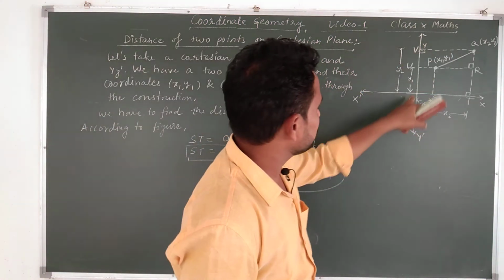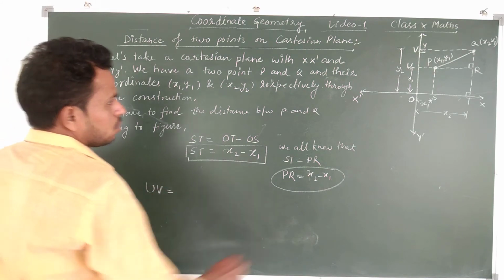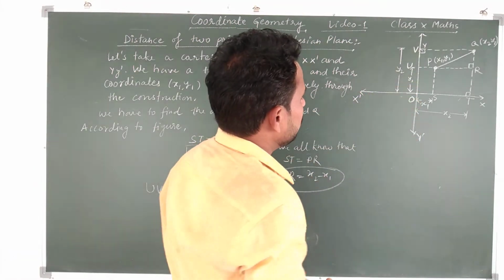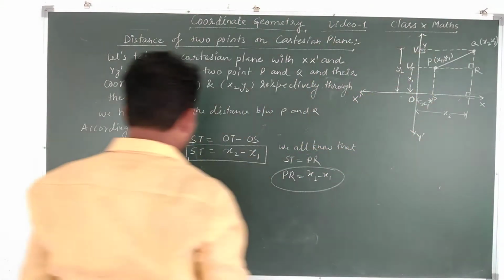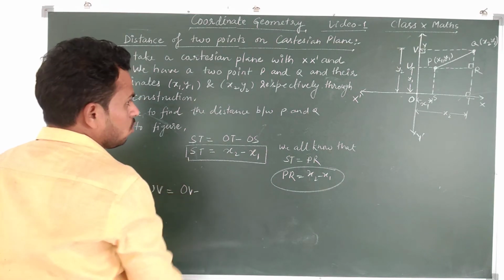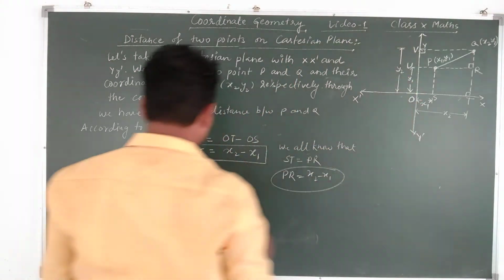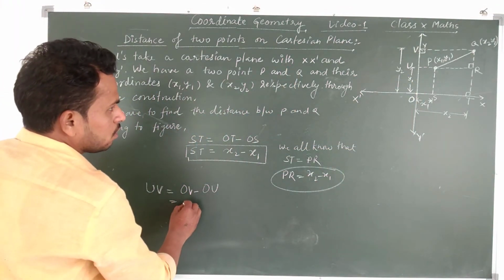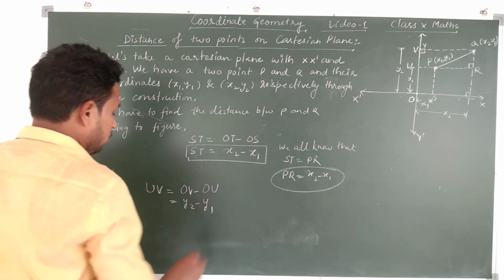And then this one, UV. If we find the value of UV, we have to subtract OV minus OU. OV is y2 and OU is y1.